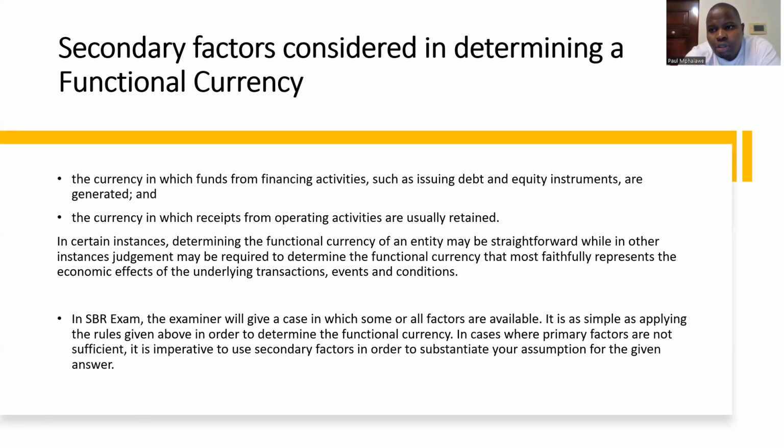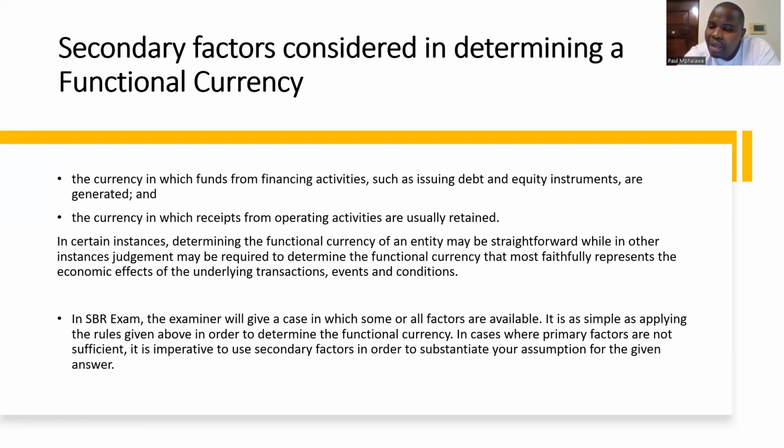Okay? So what I'm saying is that in the SBR exam, the examiner will give a case in which some or all the factors are available. It is as simple as applying the rules given in this presentation in order for you to determine the functional currency.